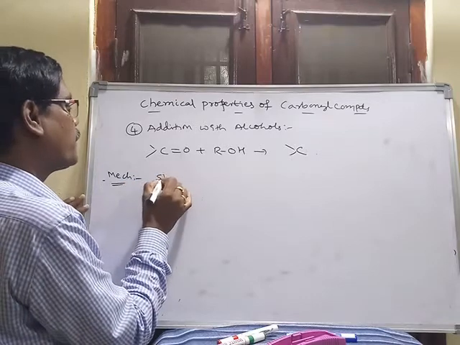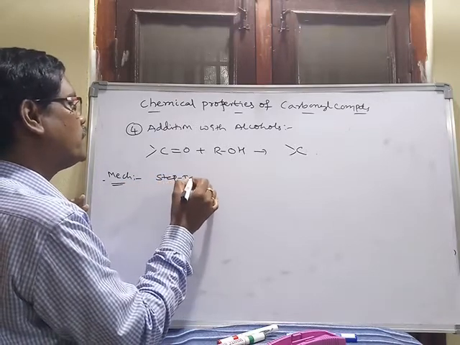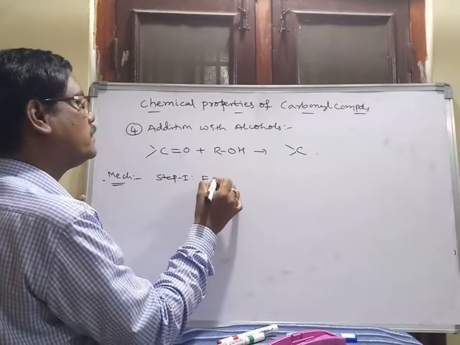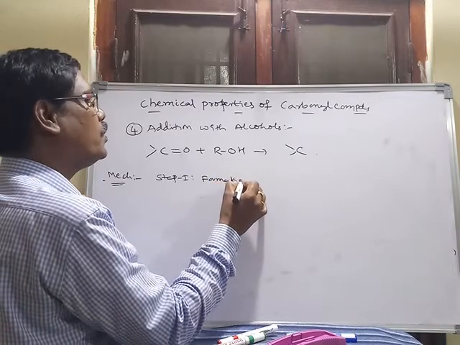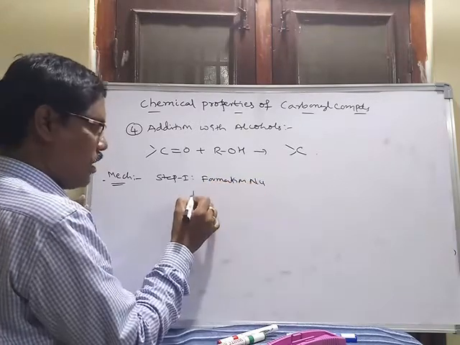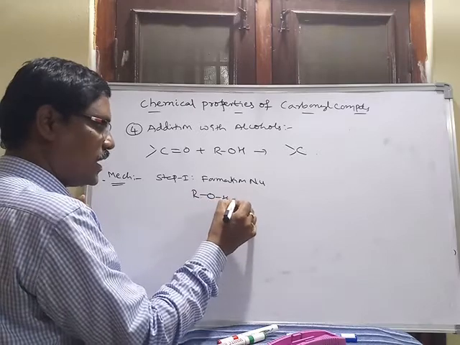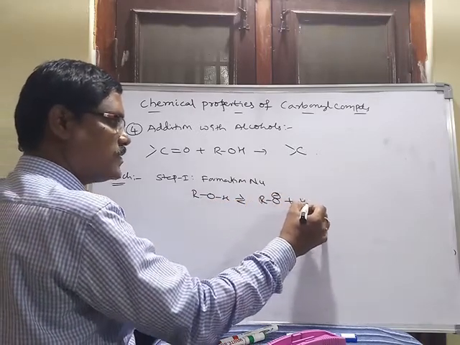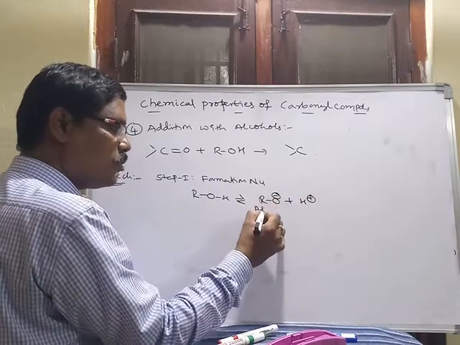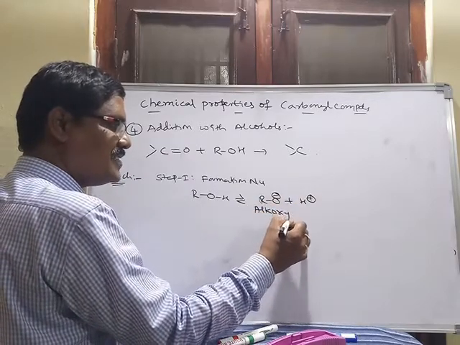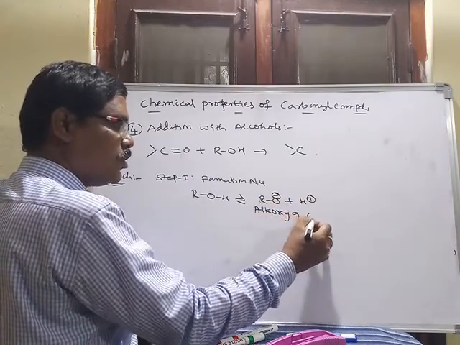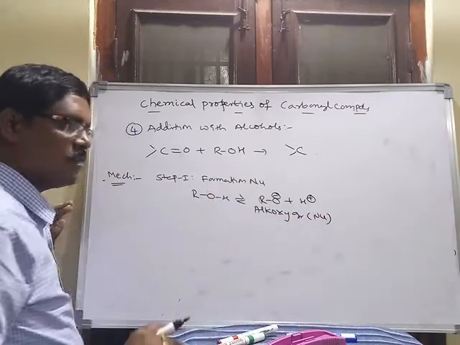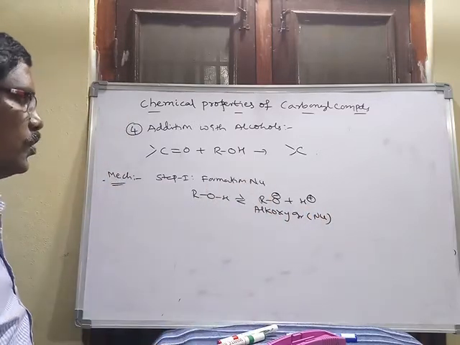Step 1, formation of nucleophile. Alcohol is acidic, it gives RO minus, the alkoxy group, and H plus. This alkoxy group acts as a nucleophile.